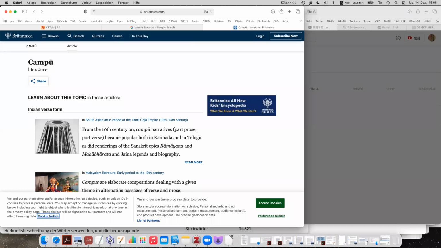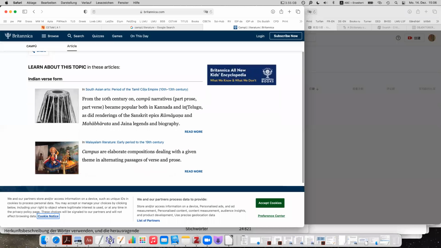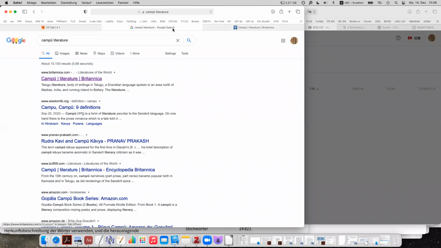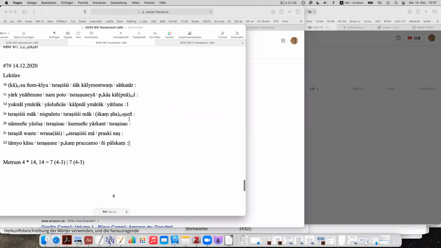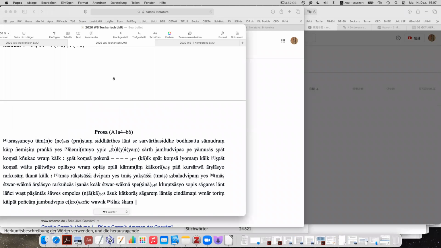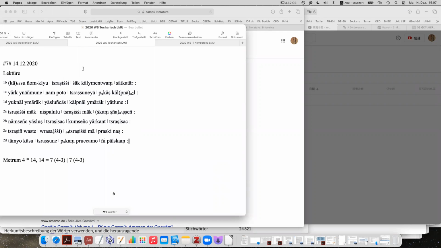Champu is a special literary genre. It is found in Dravidian literature, but it's also very popular in Buddhist texts. So champu is actually a mixture of verses and prose. Like we have here, first we have a verse, and then we have a prose part. Okay, so let's check the text.